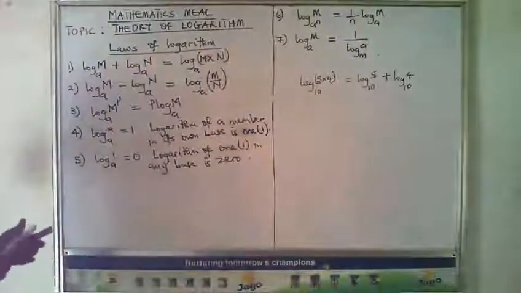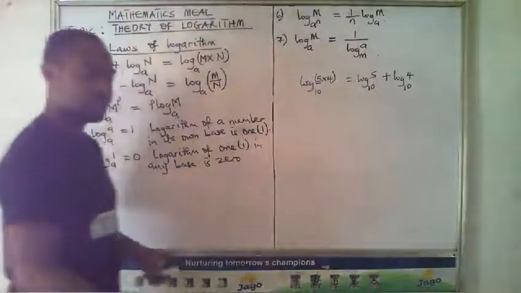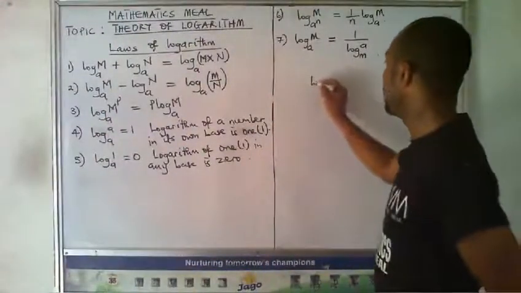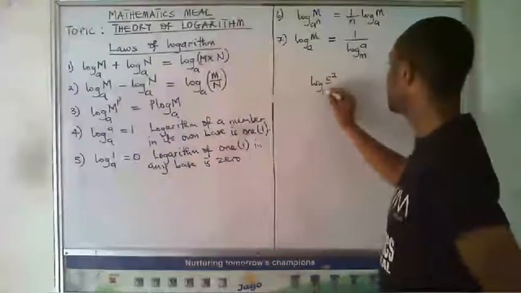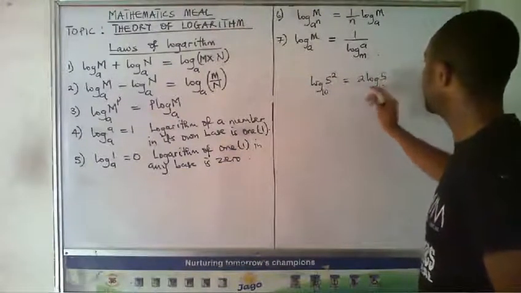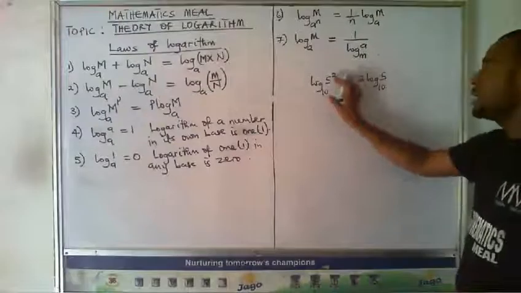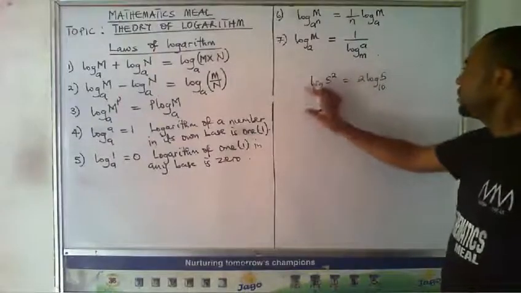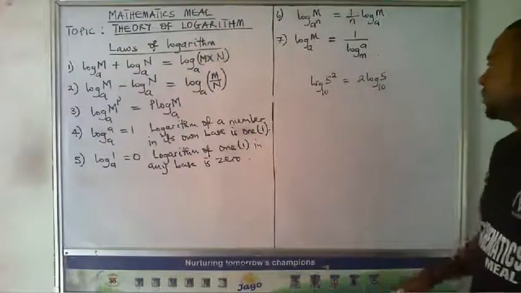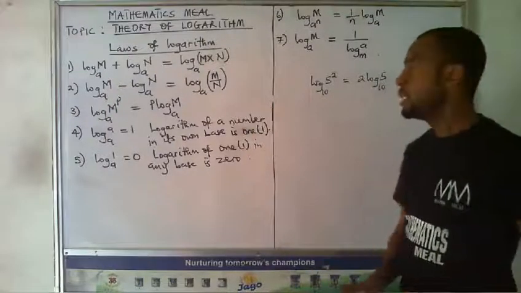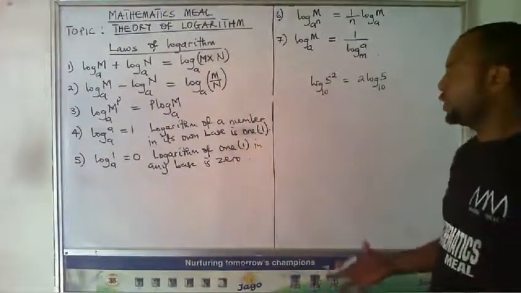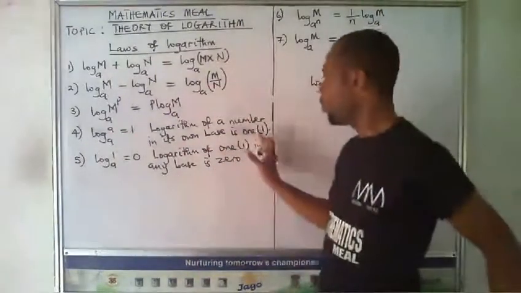If I have log 5 raised to power 2 base 10, it's the same as saying 2 log 5 base 10. When the power is on the number, that power is the same thing as the coefficient of the log. I think that's clear enough. Then the fourth law: the logarithm of any number to its own base will give us what? 1.